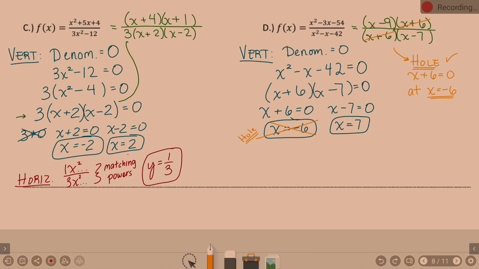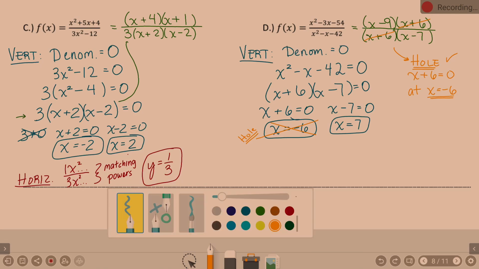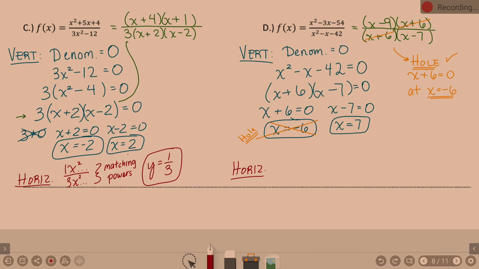The other part that I haven't done yet is horizontal asymptotes. That's how you remember it. What do you notice here? Biggest power on top? Biggest power on bottom? So what do we notice? Powers match.